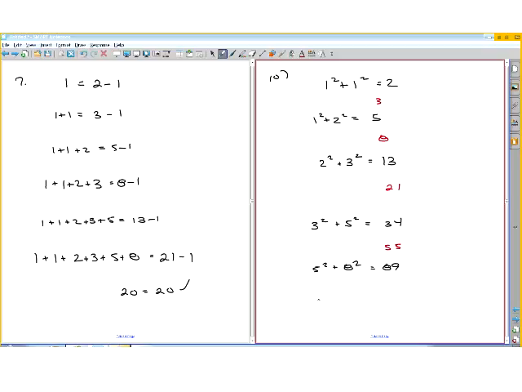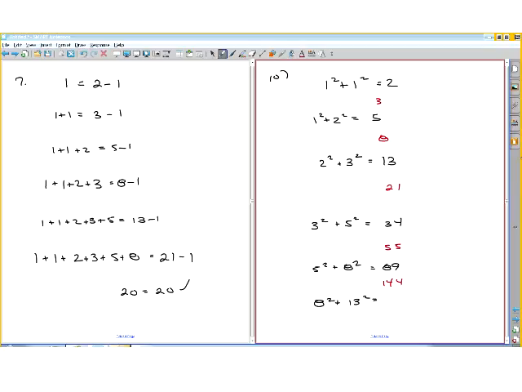So the next one would be 8 squared plus 13 squared, which is equal to, well, we have this intermediate one, which would be 144, I guess. Is that right? 13 plus 1 is 14, 144.